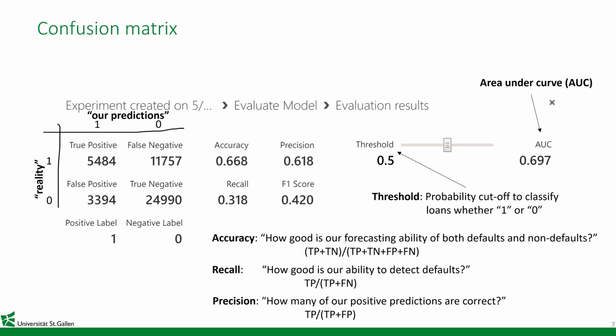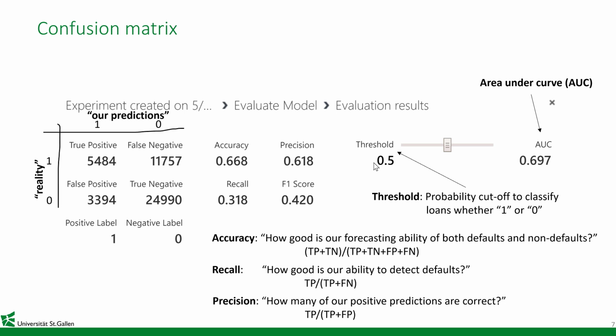So now, what is the confusion matrix? The confusion matrix is simply a snapshot of the ROC curve for one particular probability cutoff. Now in our example here, and most commonly, the cutoff is simply 50%. So all observations which have a probability to default above 0.5 are classified as default, so as a 1.